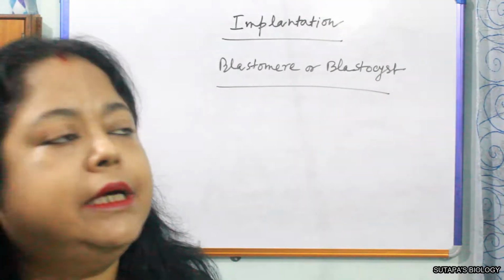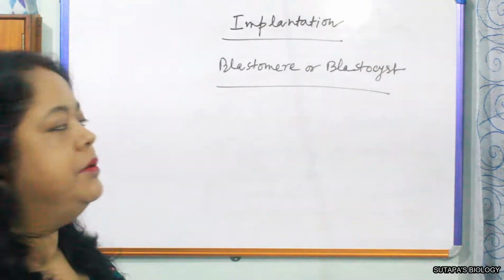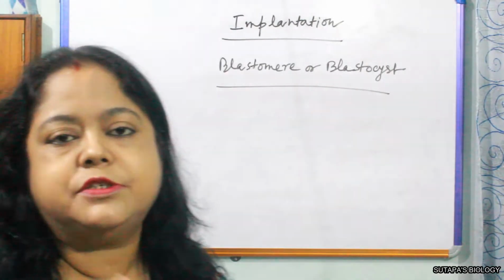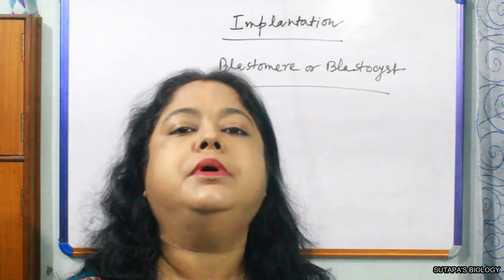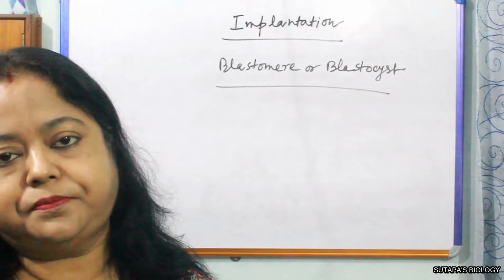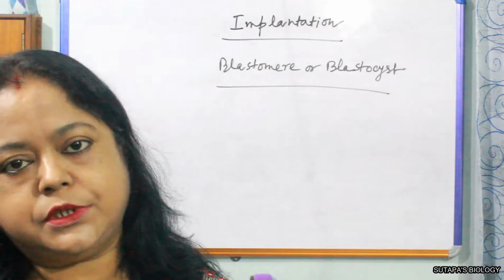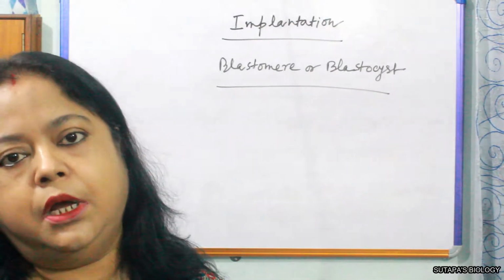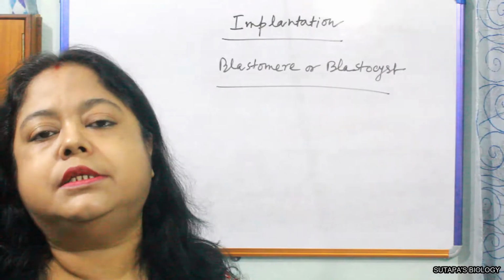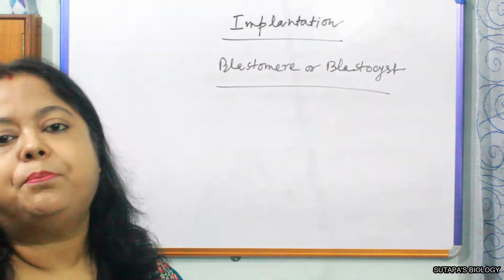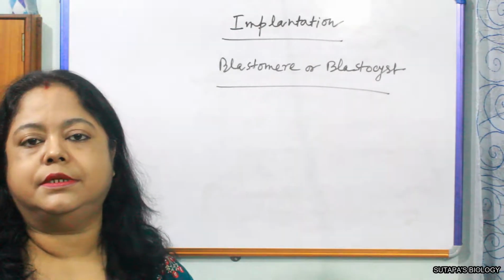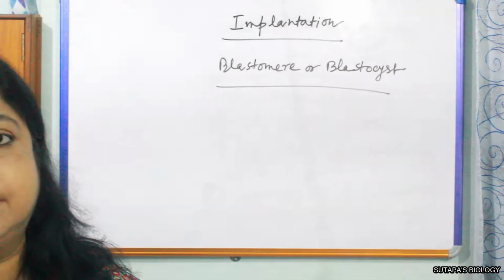As there is the layer, you know, in the last video I told you about the structure of the ovum, and there you studied about the zona pellucida, vitelline membrane, etc. Now zona pellucida is the very important layer for this. Why? Because zona pellucida protects the trophoblast cells. So what are the trophoblast cells?